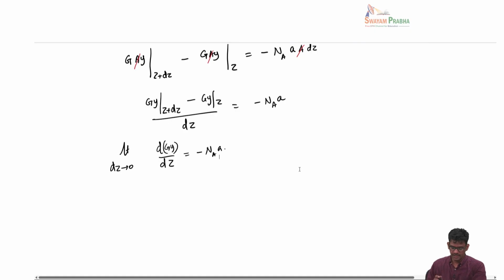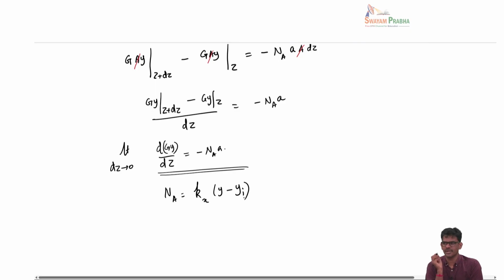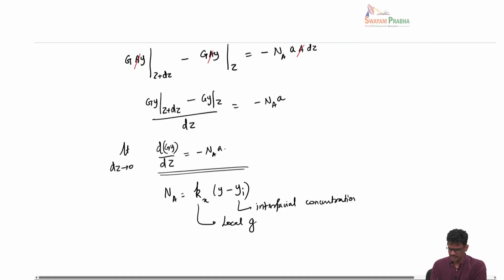So at this point, to move forward, we have to define what Na is. For absorption we can use Kx (y minus Yi). Yi is the interfacial concentration in terms of mole fraction, and Kx is the local gas phase mass transfer coefficient, MTC.